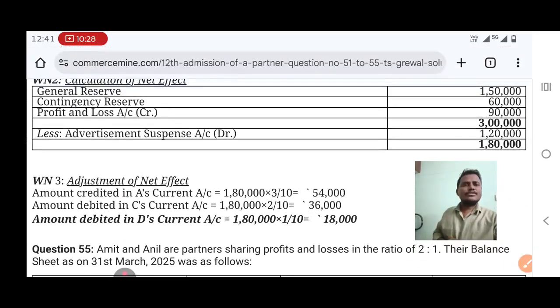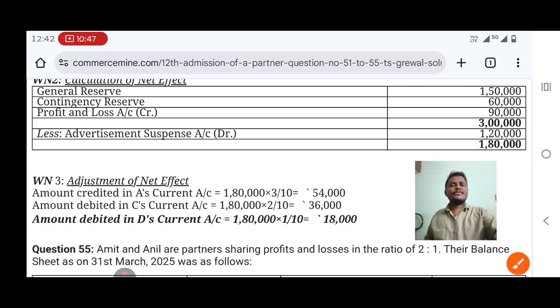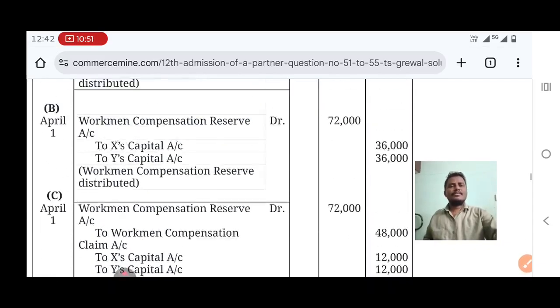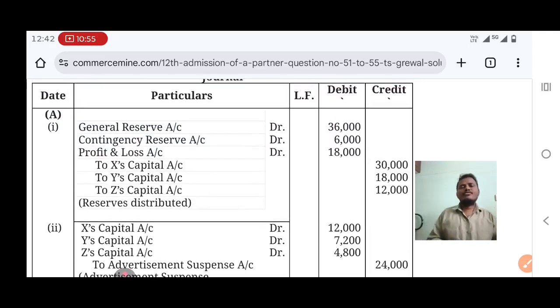So here, you see, this is the 1,80,000. 1,80,000 into 3 by 10, which is 54,000. 1,80,000 into 2 by 10, which is 36,000. 1,80,000 into 1 by 10, which is 18,000. So 54, 36, 18. This will be noted in the journal entry as per who is gaining and who is sacrificing. That's it. That's all for this sum.